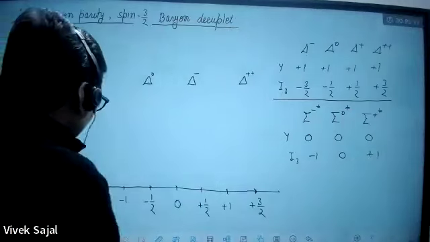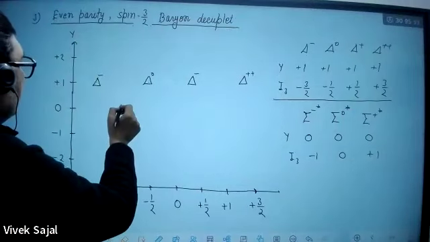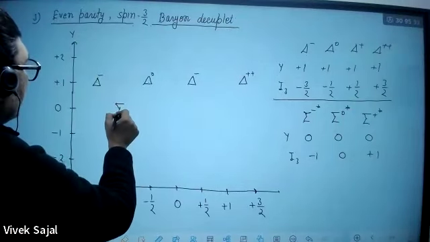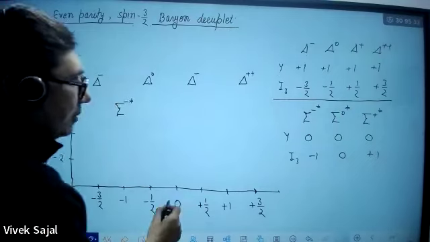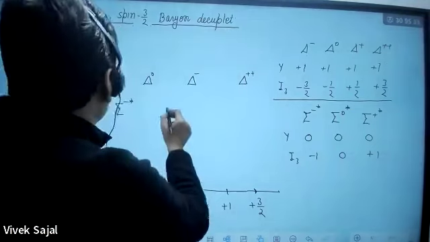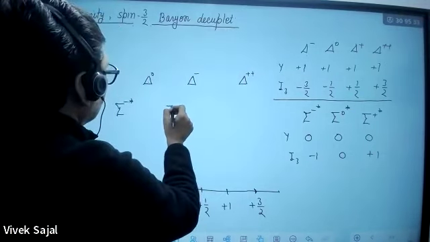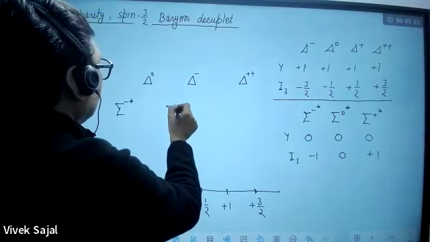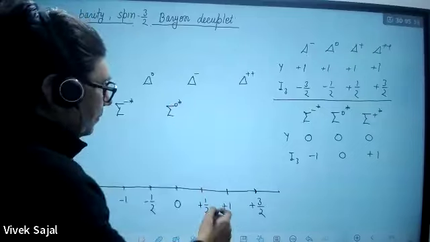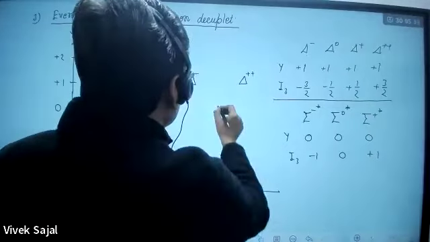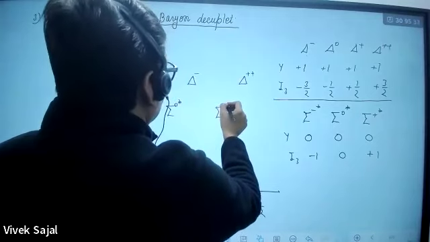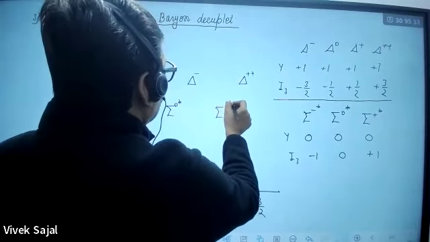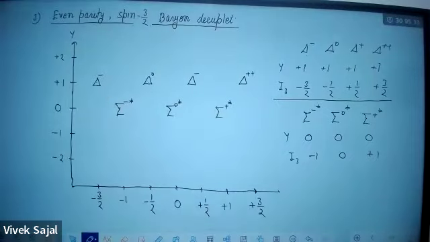So this is -1 and 0, this will be sigma minus star. This will be 0, 0, sigma neutral star. And this will be +1 and 0, sigma plus star. It will be like this.